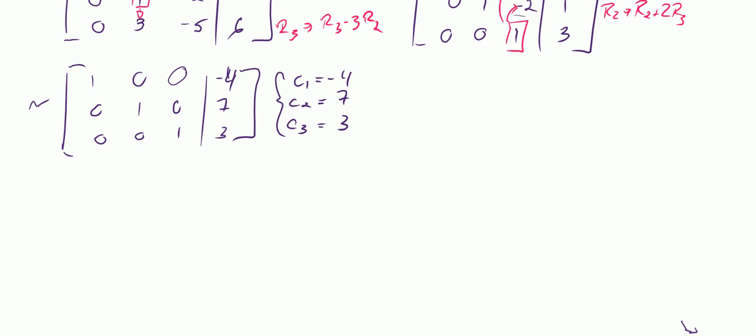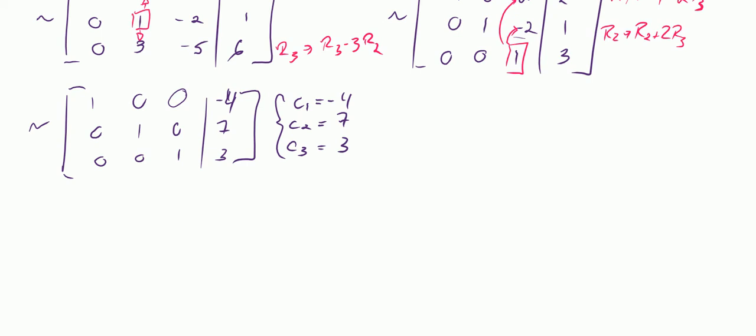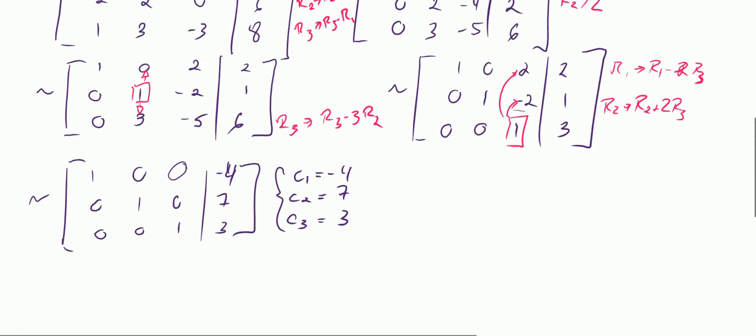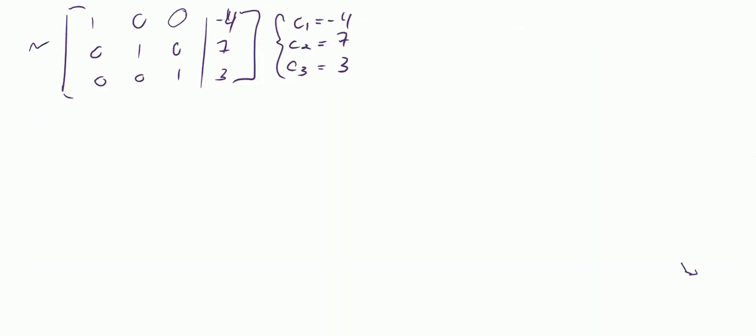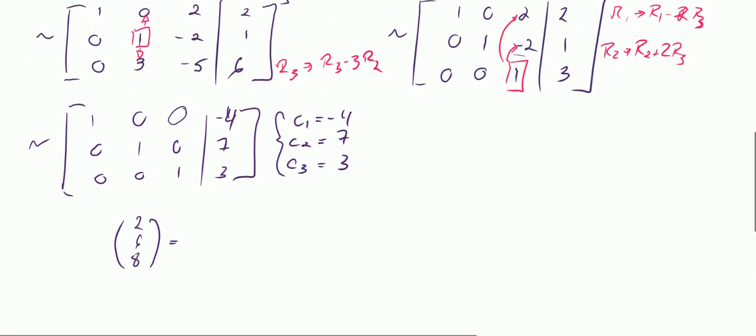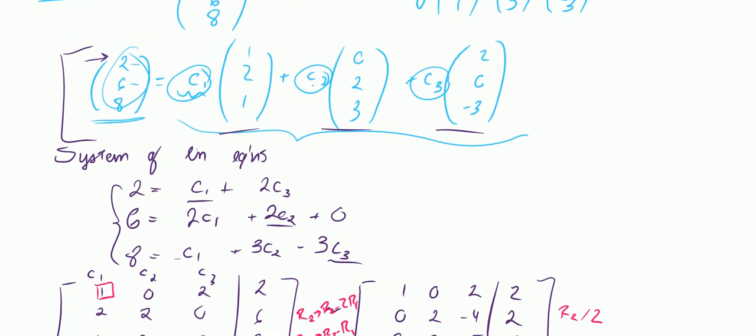So yes, that's true, but it's always a good thing to do to check to see if your answer was actually right. So what I mean by that is I want to see if this linear combination actually gives 2, 6, 8.